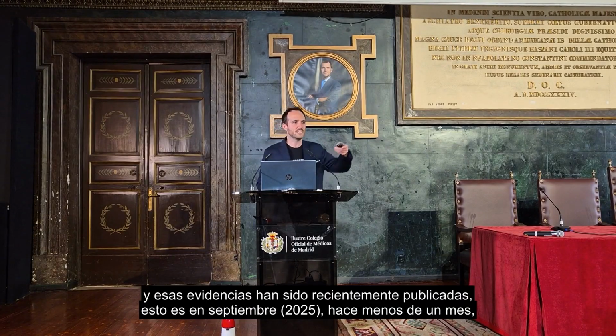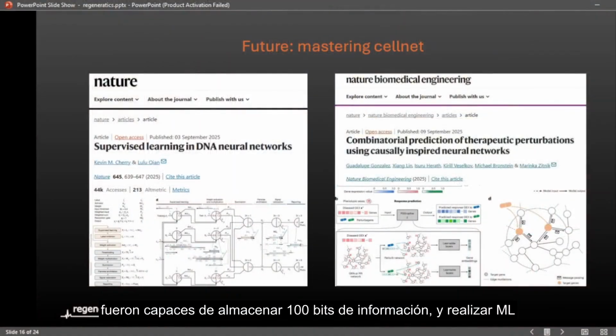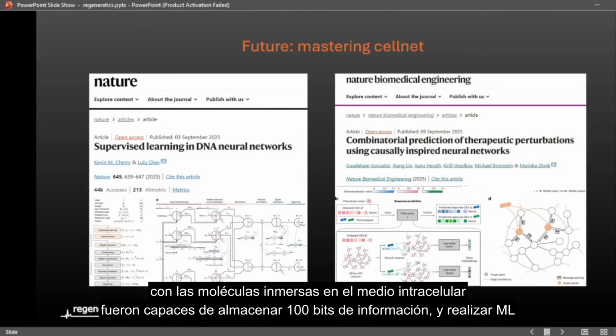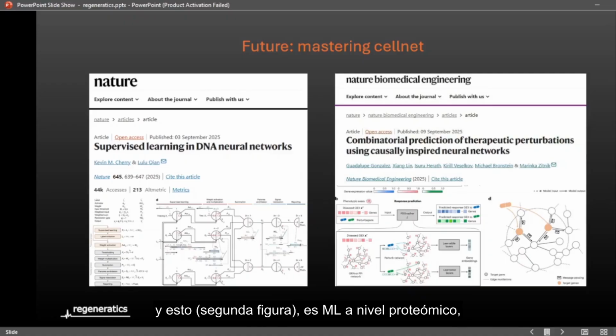And that evidence has been recently published, in September, 1 month ago. They were able to store 100 bits of information and perform machine learning with molecules intracellularly. So this is proteomics-driven machine learning, and it has been published in Nature.